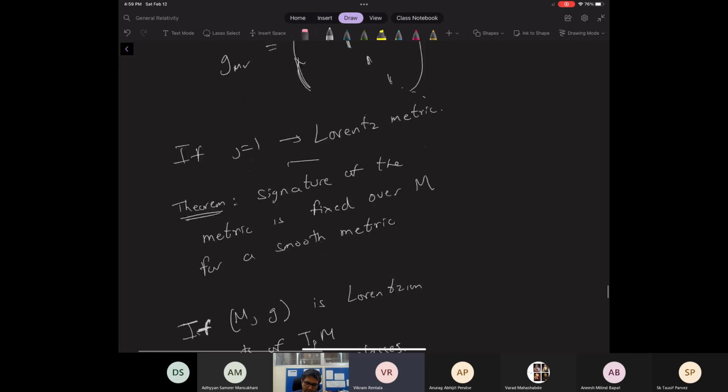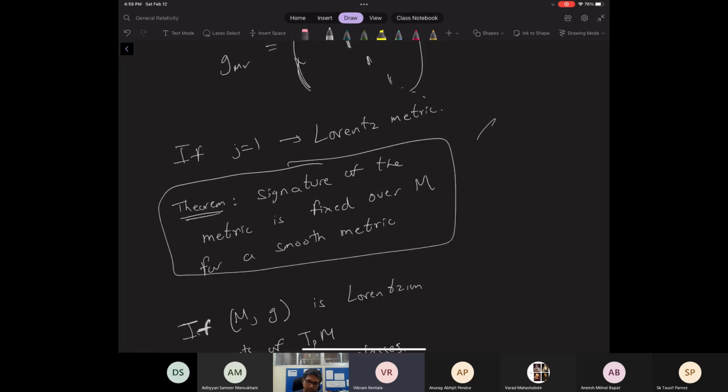Now there is an important theorem. This signature was defined at a particular point, where we said that at a particular point we have a number of positive eigenvalues and a number of negative eigenvalues. Now the claim is that if I have a non-degenerate metric g mu nu over the entire space, then the signature of this metric at any 2 points must be exactly the same.